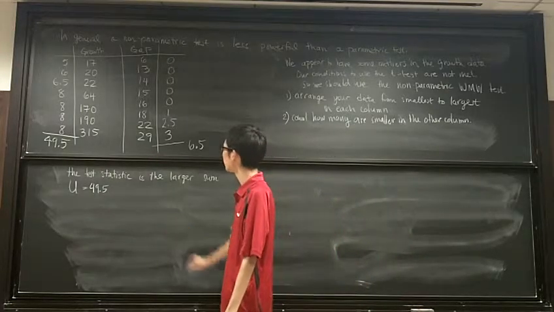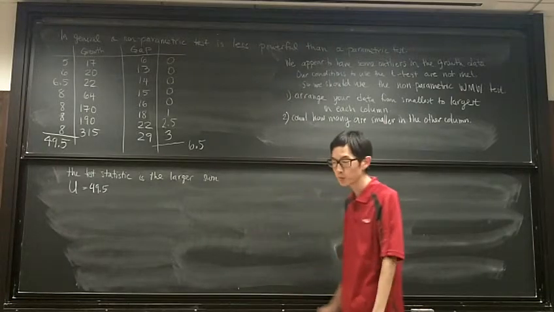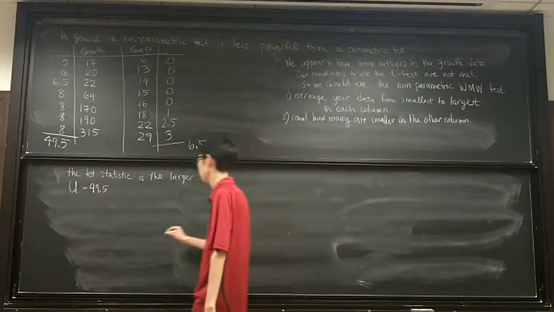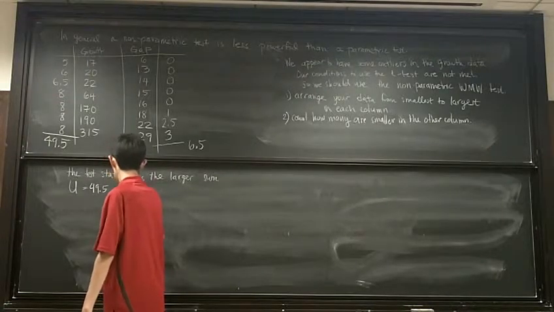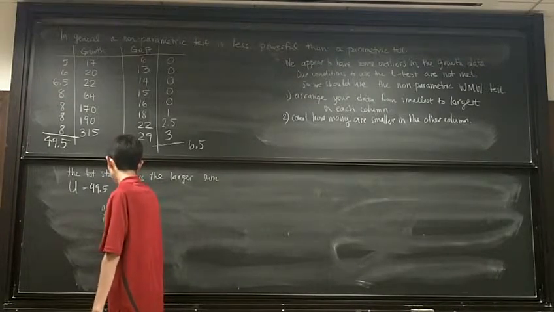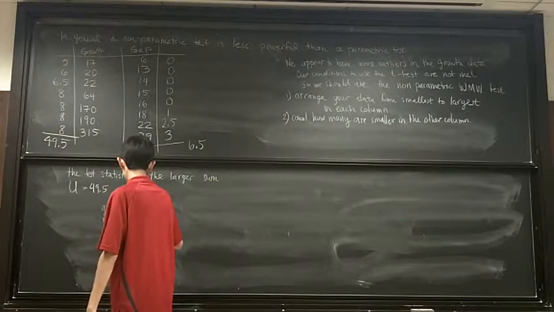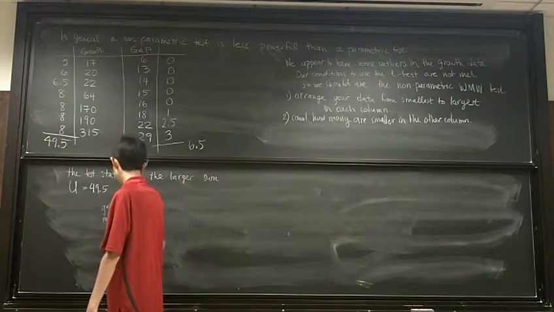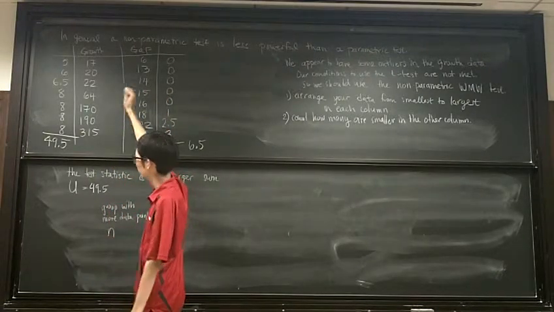The way we look it up is the group with more data points gives us our N. So we've got 1, 2, 3, 4, 5, 6, 7, 8 in that one, and 7 in this one.